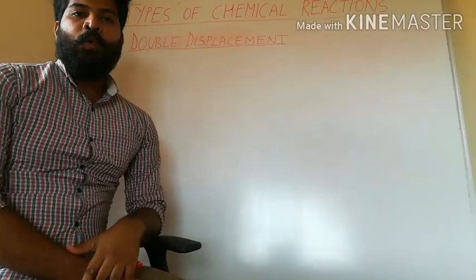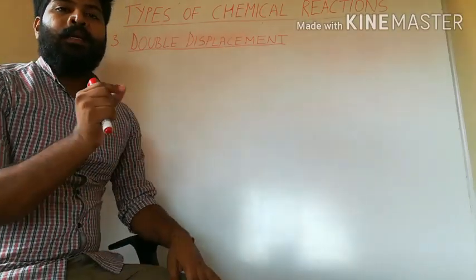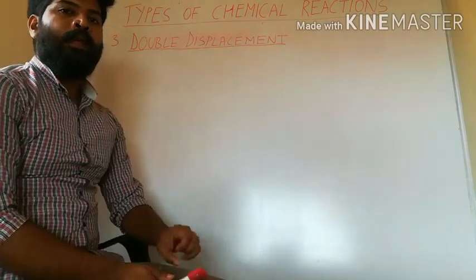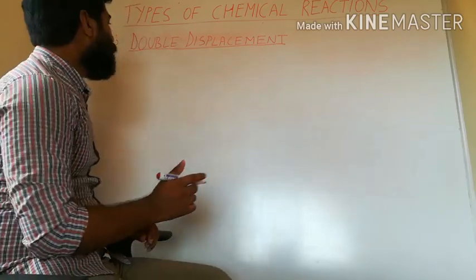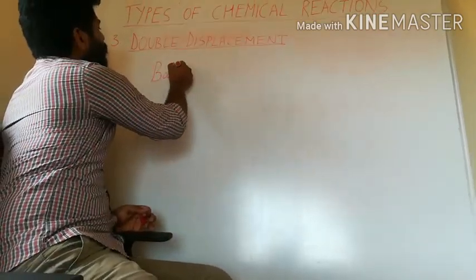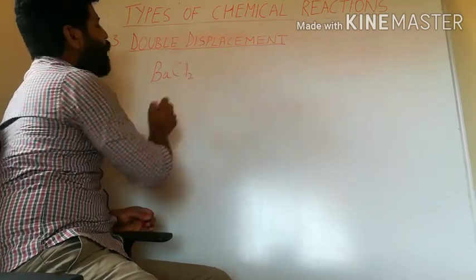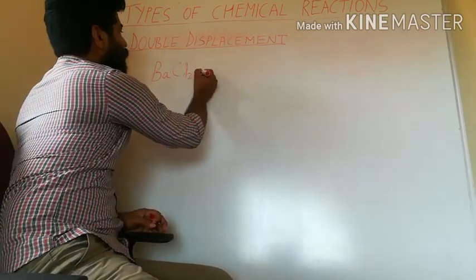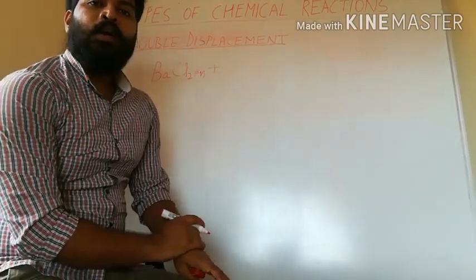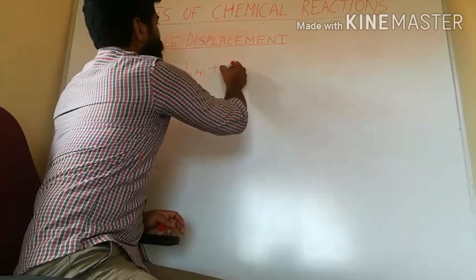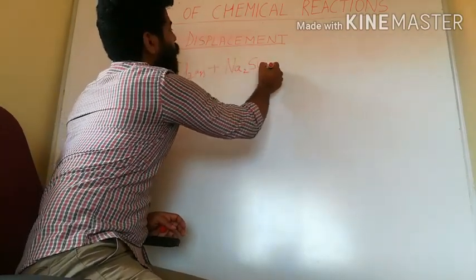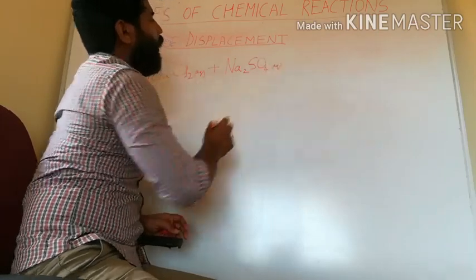Let us now represent the double displacement reaction that we just witnessed using a chemical equation. So in the reaction, we had taken barium chloride solution, BaCl2, which was aqueous, AQ. To that we added our aqueous sodium sulfate solution, Na2SO4, aqueous.